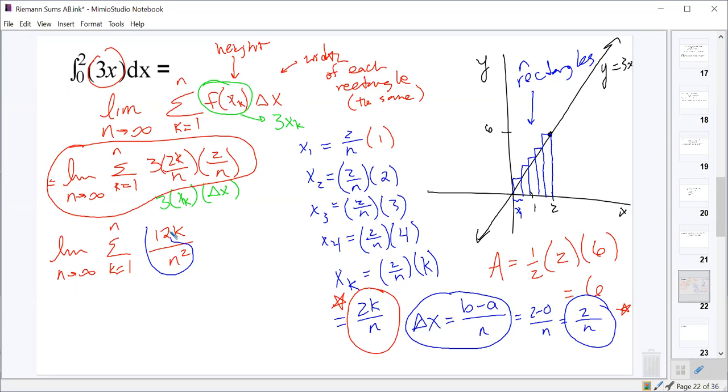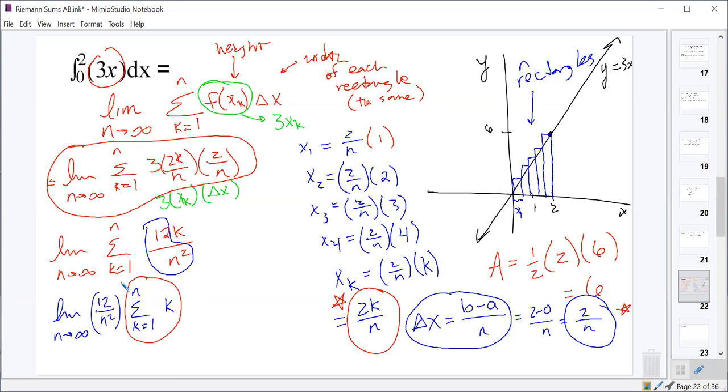Right. And so this 12 over n squared is a constant. So I can take this limit as n approaches infinity of 12 over n squared times the sum from k equals 1 to n of k. And from there, yesterday we had a formula that would evaluate for us what this was, right?